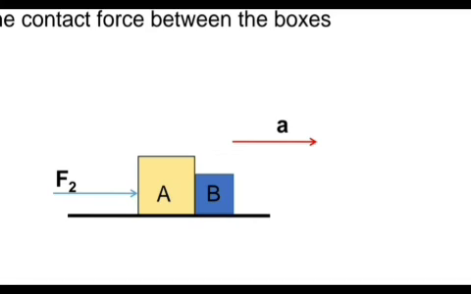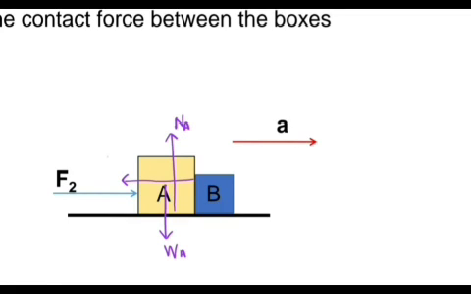For box A, it has weight pointing downward, normal force perpendicular to the surface, pushing force F2, and since box A is in contact with box B, therefore it has contact force.